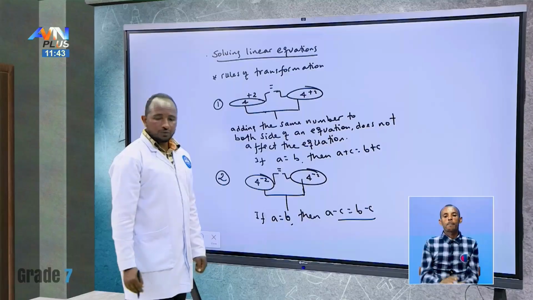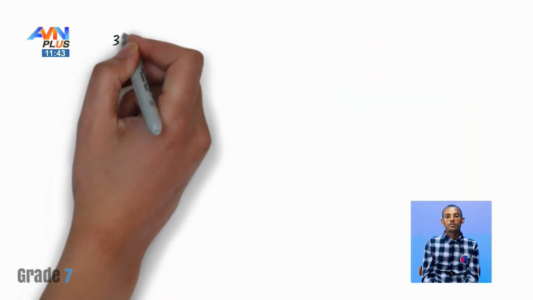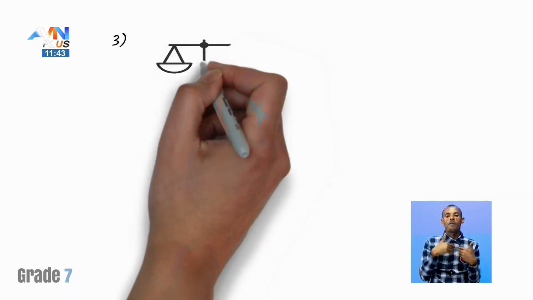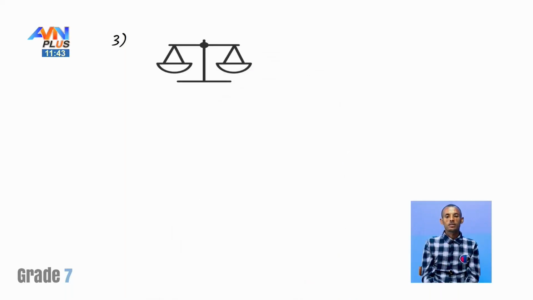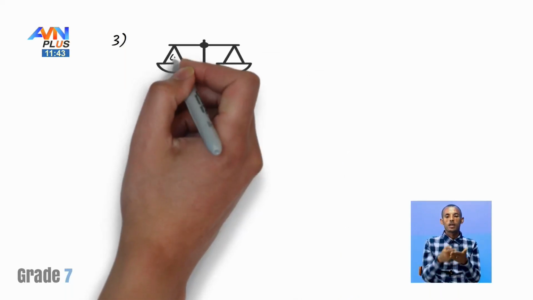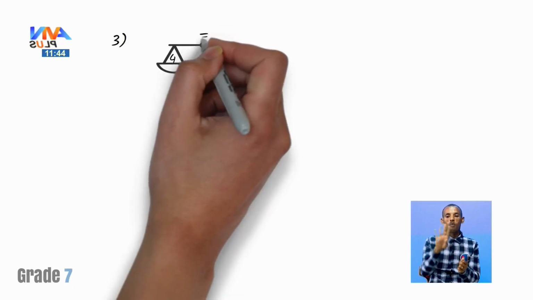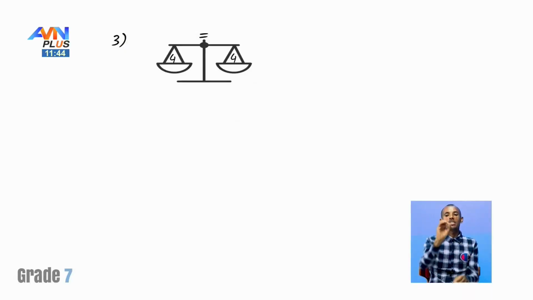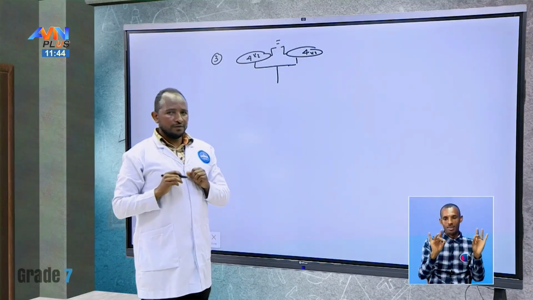Now let's proceed to the third rule. Here again you have this balance. Here you have 4 on both sides, balanced. If you multiply both sides by a non-zero number, you have 8 on both sides, and the balance remains unaffected.